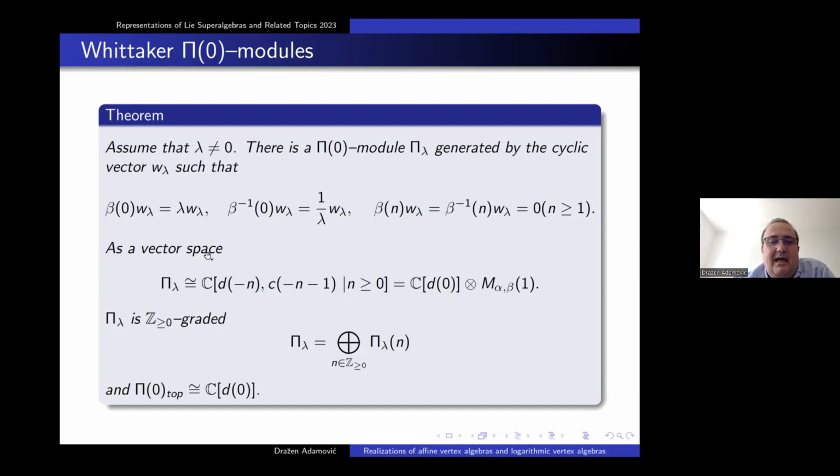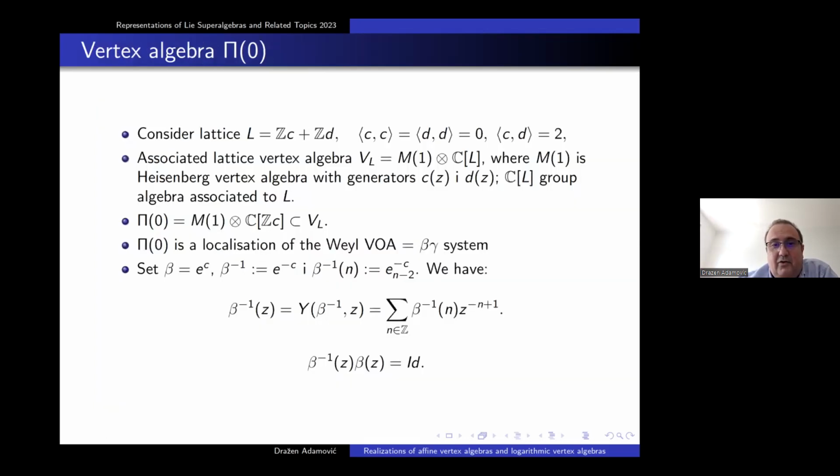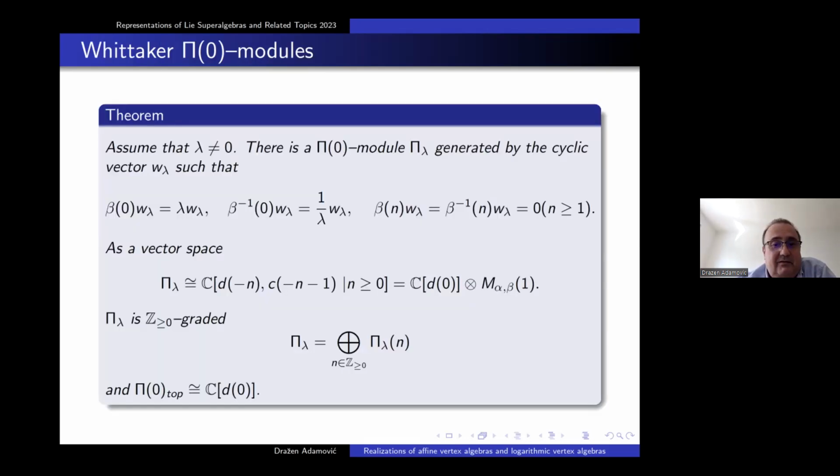And we have a free field realization of this Whittaker type module, and it is irreducible for this Pi 0. So with this Pi 0 we can do representation theory, weight representation theory. They even have logarithmic modules, but now I will just show this Whittaker type of module which exists for this Pi 0. So this is our free field algebra, which we need for using inverse quantum Hamiltonian reduction.